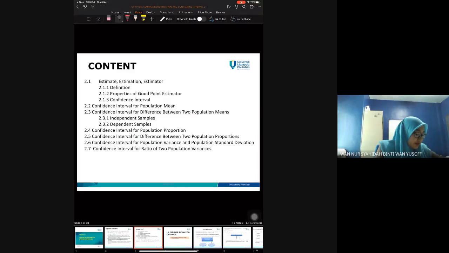So we have about 7 subtopics that we need to cover for chapter 2. In general, a confidence interval is a range of values. We construct a range of values and then we assume that the population value lies within that range. The confidence interval is used to estimate the value of the population.